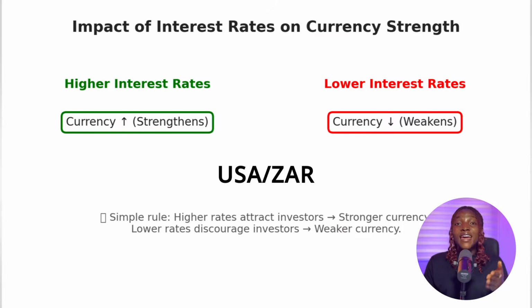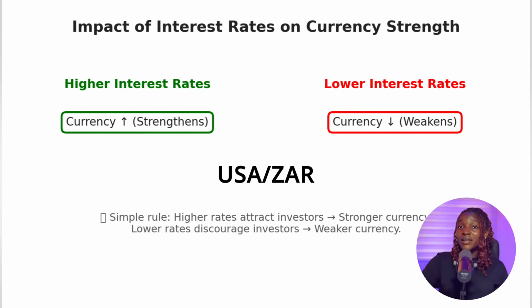Another news report that you want to keep an eye on is interest rate decisions. Central banks like the European Central Bank or the US Federal Reserve set interest rates. A higher interest rate usually strengthens that currency, and a lower interest rate weakens the currency. So you want to keep an eye on the interest rate decisions for whatever currency pairs that you are trading.